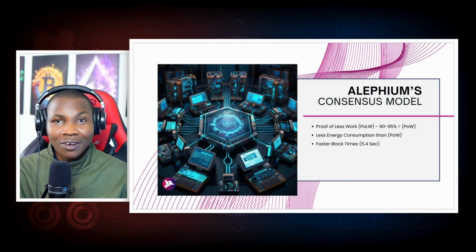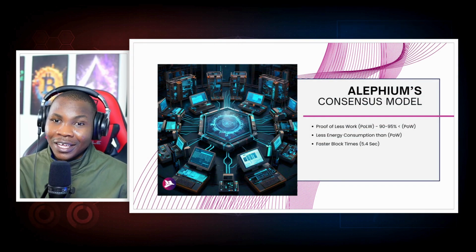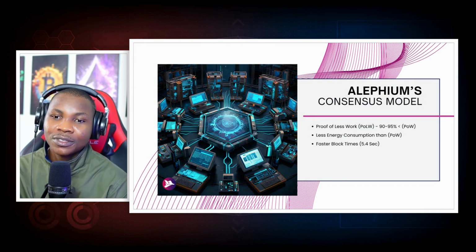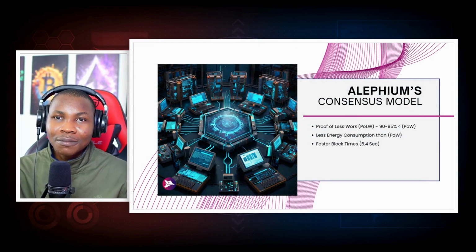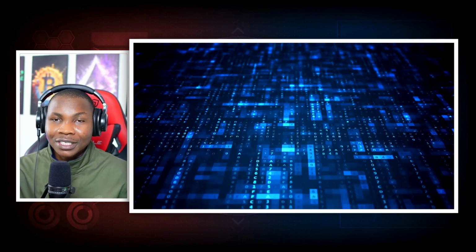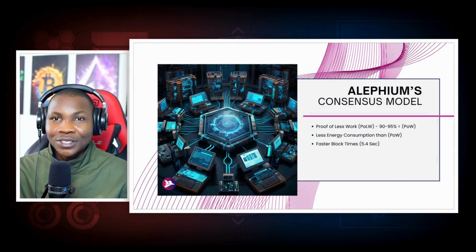It's because of the optimization in Alephium's architecture of using sharding and stateful sharding. Okay, and also the optimization of the proof of less work algorithm that it does use. The combination of these produces a faster block creation time.